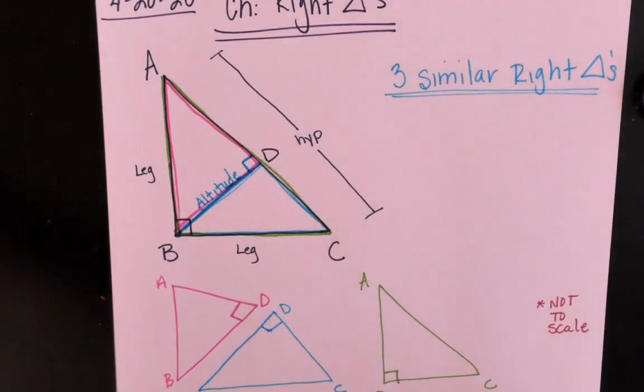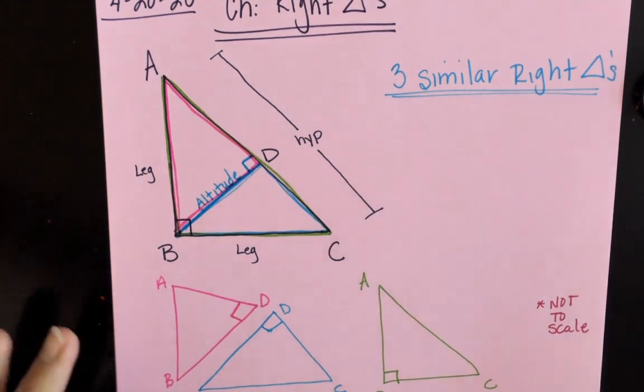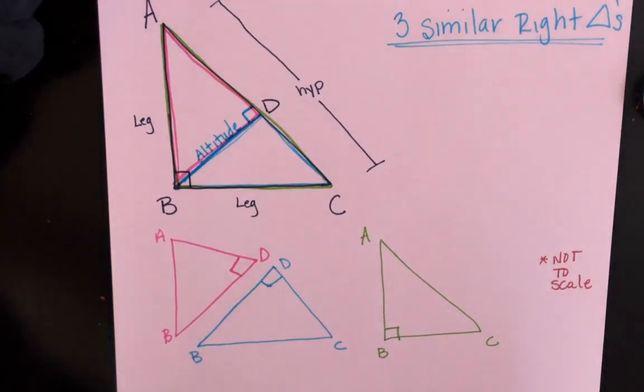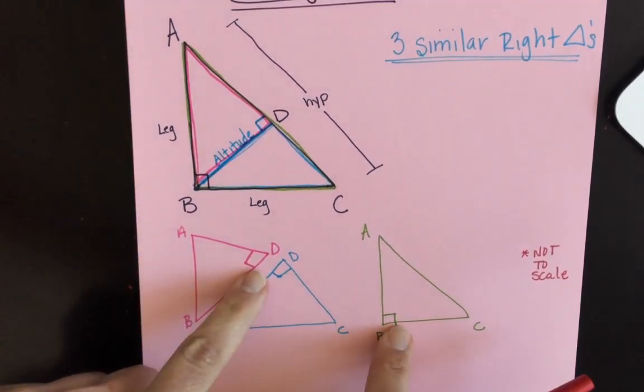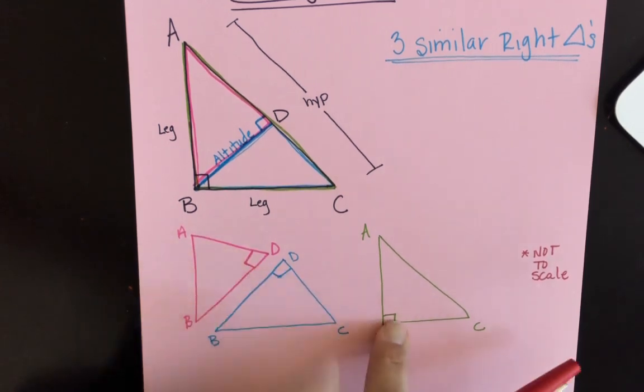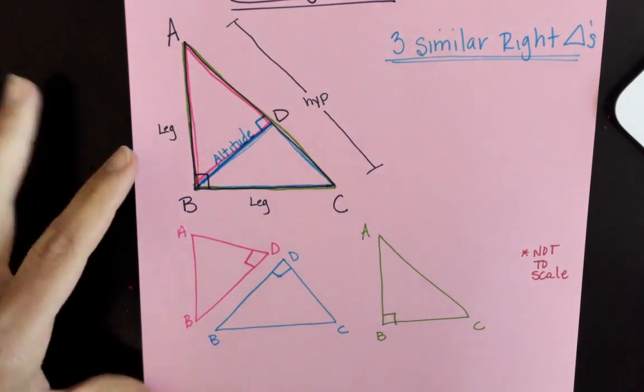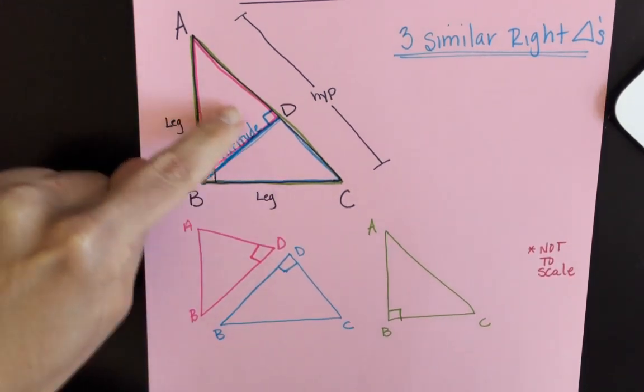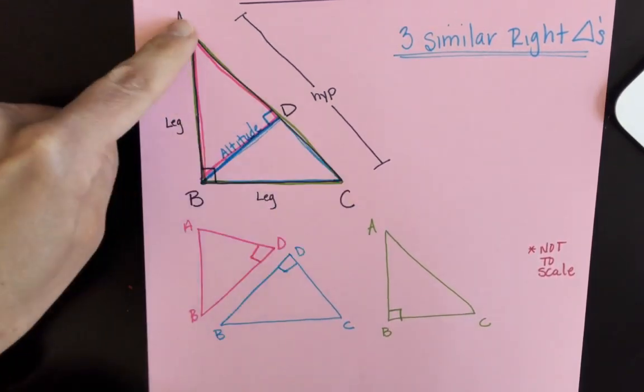So if we have to have angle, we know that our right angles are all going to match. So our right angles are all going to match. We know that they are all similar because obviously these two guys are smaller than the green one.